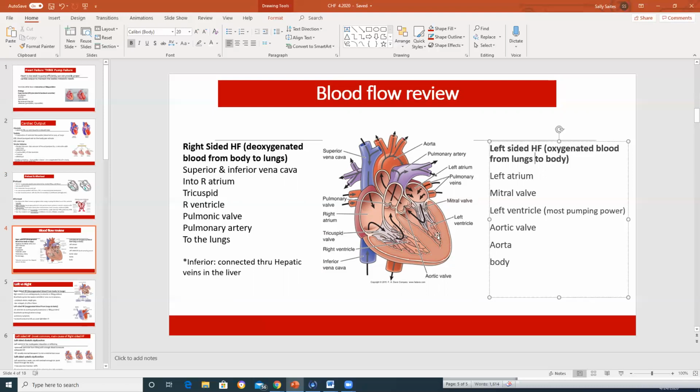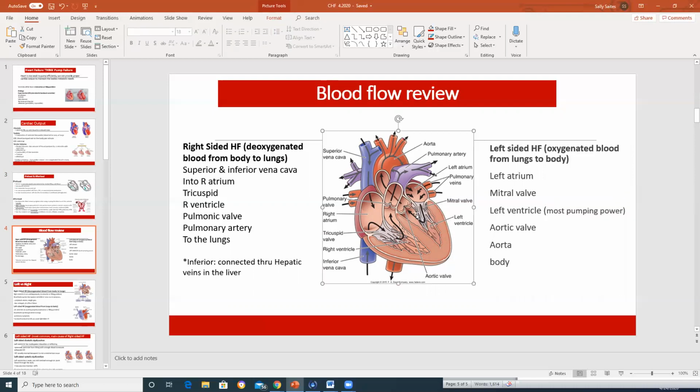Now let's look at left-sided heart failure. Remember, our left-sided heart carries our oxygenated blood from the lungs to the body through the aorta. So the blood comes into the left atrium, down the mitral valve, into the left ventricle. Now the left ventricle has the most pumping power.